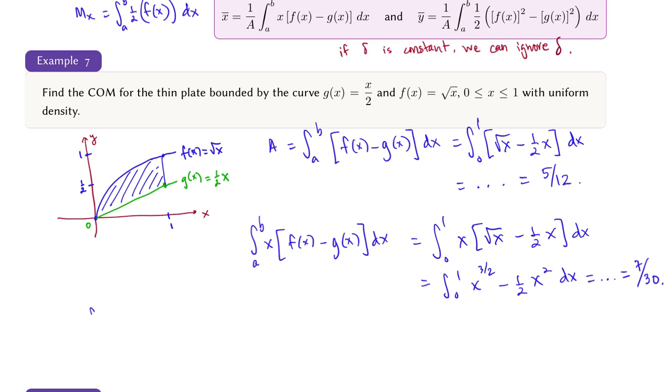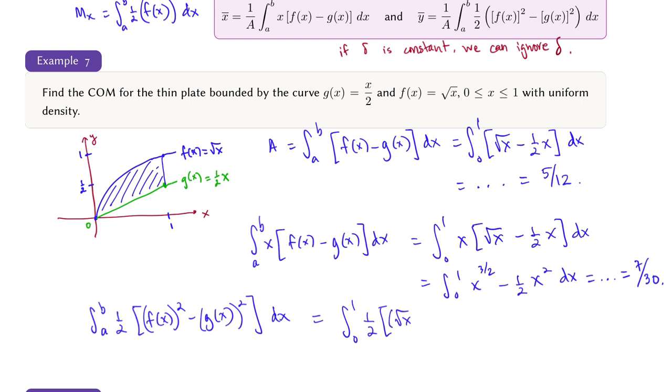The moment about the x-axis is the integral from a to b of 1/2 times f of x squared minus g of x squared dx. That is the integral from 0 to 1 of 1/2 times the square root of x squared minus 1/2 x squared dx.